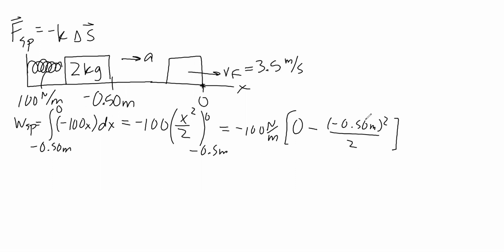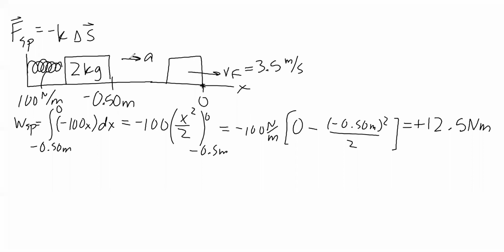Because the negative sign inside the square gets squashed, and the negative outside cancels with the negative inside, and so 0.5 squared is a fourth, divided by 2 is an eighth, so it's 100 over 8 plus 12.5 Newton meters. So that's total work done by the spring, correctly calculated now.